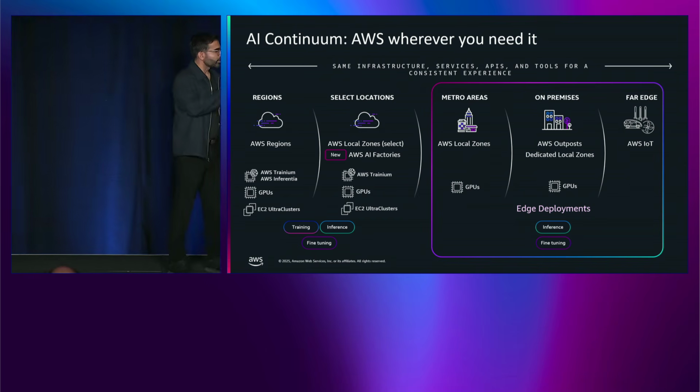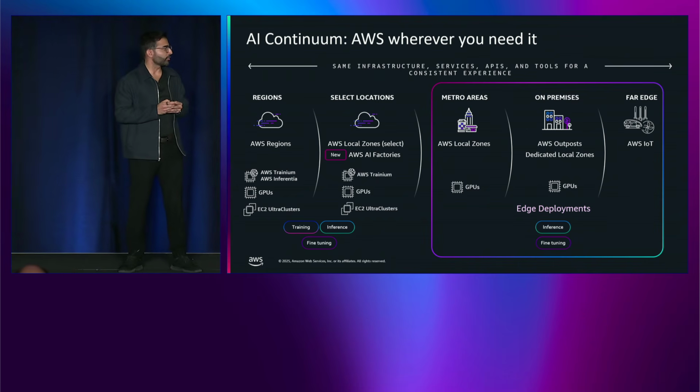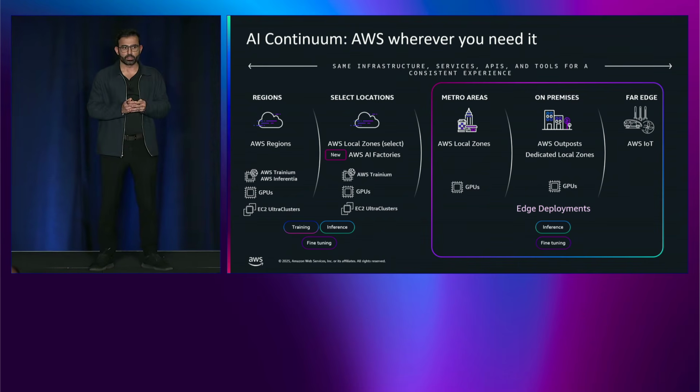And then on the right side is what we call the edge. This is where we have other local zones which are distributed across multiple locations globally. These local zones provide you access to compute and storage without the need to run your own data centers. We also have AWS Outposts and Dedicated Local Zones, which provide you a similar experience, but in your own on-premises.